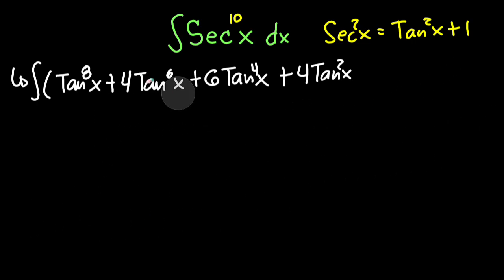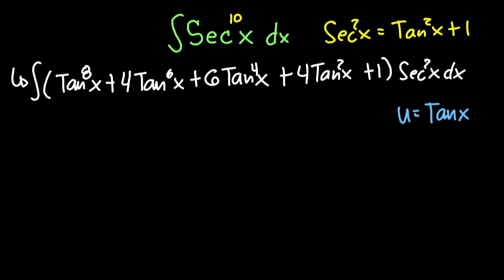Let me just put this in here. And now for the next step, let us use u substitution, wherein u here would be equal to tan x. The derivative of tangent of x would be equal to secant squared of x dx.